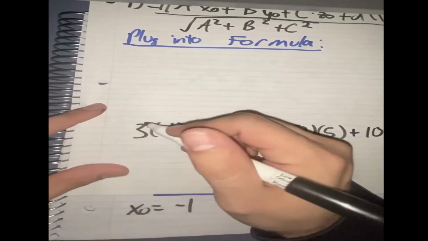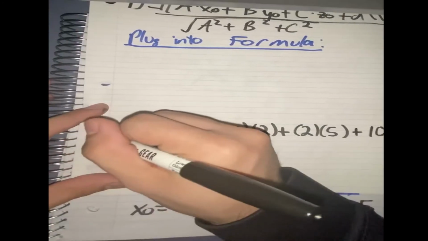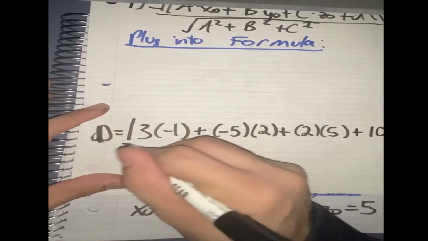And all this, because it's a distance, will have an absolute value. So I put bars around it. And then I'm going to set this equal to capital D.